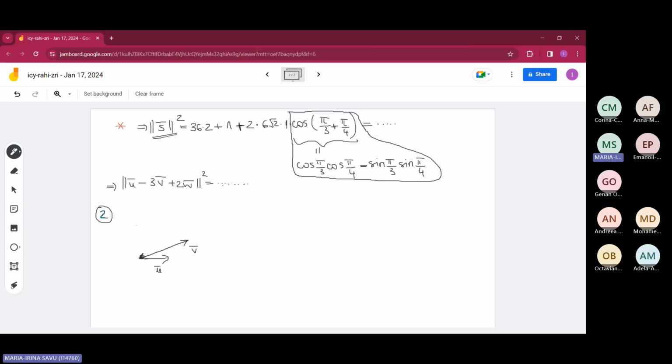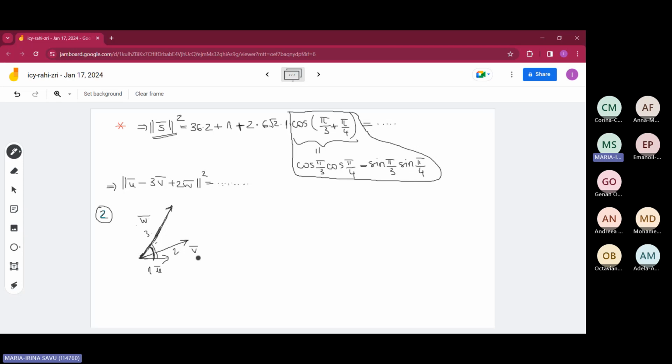And this is 60, this entire angle is 60. This is w, so this is 30 and this is 30. Each of them has 30 degrees, and this is the length 1, this is the length 2, and this is the length 3. And I want to see how the vector u minus 3v plus 2w looks like.